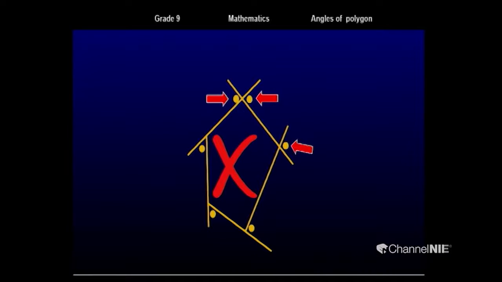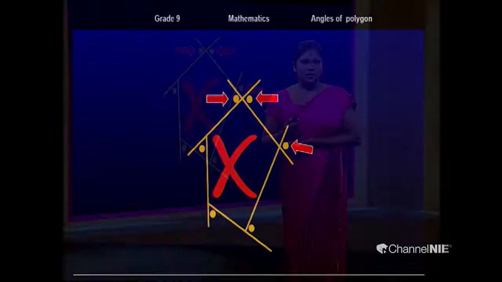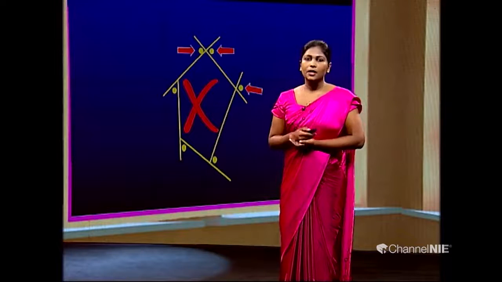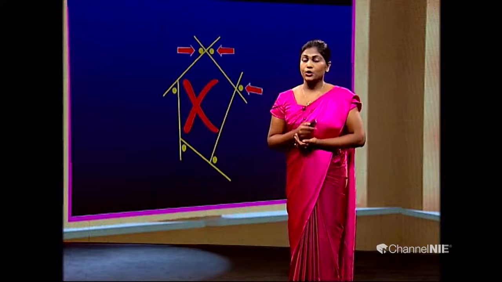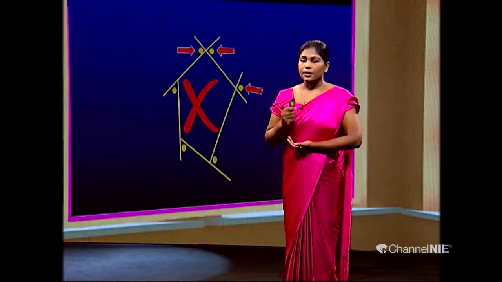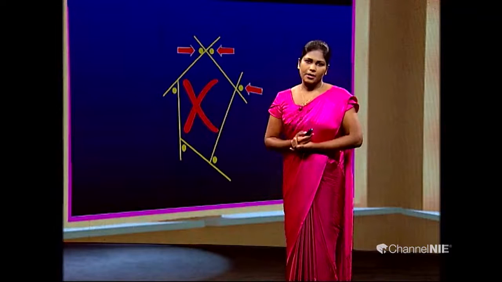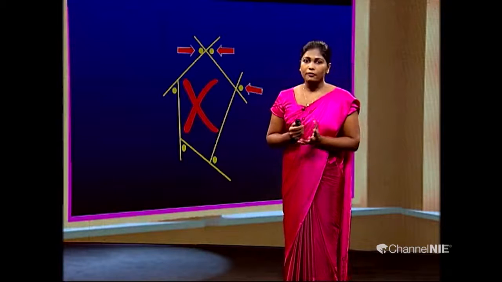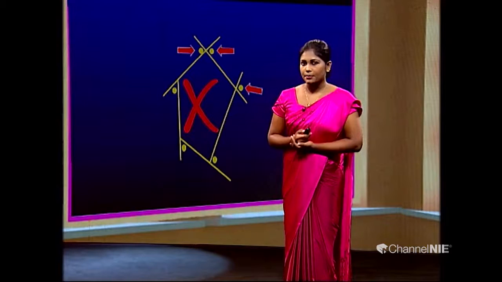At once here there is a vertex, but I take the 2 angles on either side. That means when we mark the exterior angles, you have to use the clockwise or anti-clockwise method. You can't take both ways at one time.